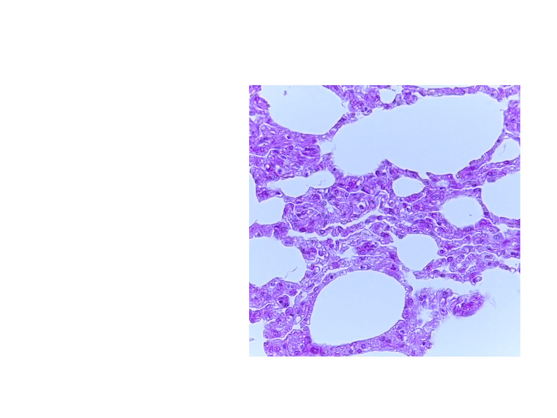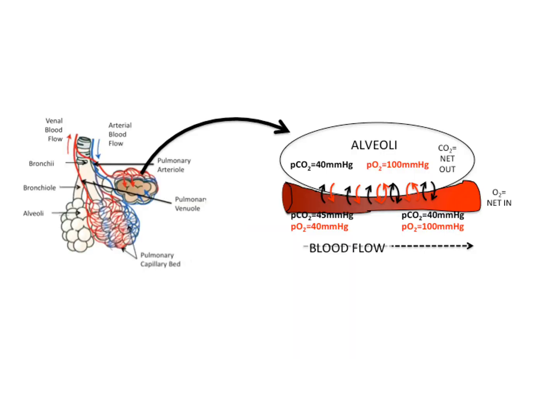In this organization, we're able to have a diffusion current between the alveoli and the capillaries as blood flows through the capillaries from the pulmonary arterial side to the pulmonary venule side. When this happens, we start to exchange carbon dioxide levels. So on the pulmonary arterial flow side, going from the pulmonary artery to the pulmonary vein, we start off with an elevated carbon dioxide level at about 45 millimeters of mercury pressure.